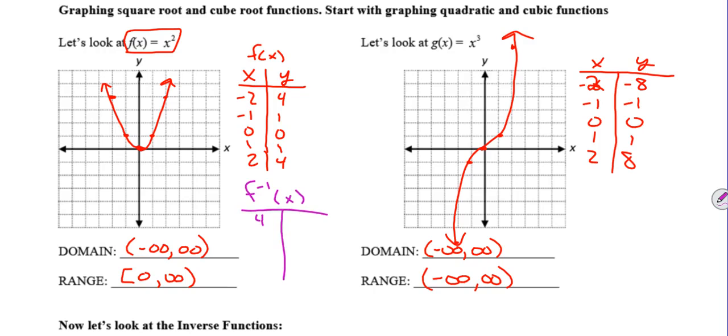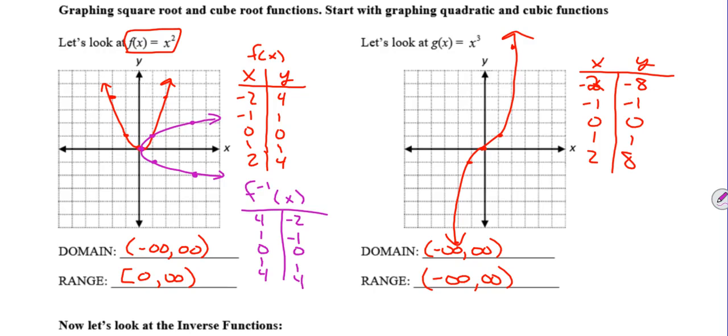So our points become 4, 1, 0, 1, and 4, and then we get -2, -1, 0, 1, and 2. So if we were to graph these points, if we go to 4 and then down to -2, 1, -1, 0, 0, 1, 1, and then 4, 2, we would get something that looks like this, right?